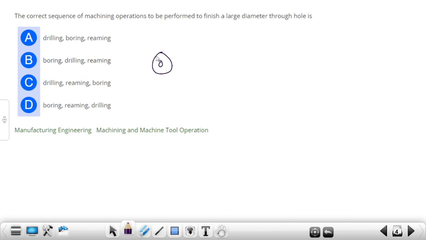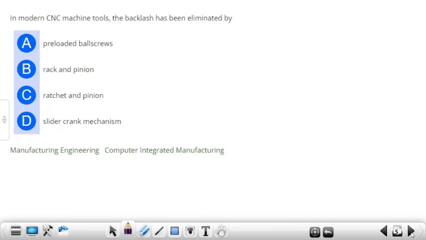Reaming is the surface finish of the boring. So drilling, boring and reaming is the correct answer. Next, in a modern CNC machine tool, the backlash has been eliminated by preloaded ball screw. So that is the correct answer.